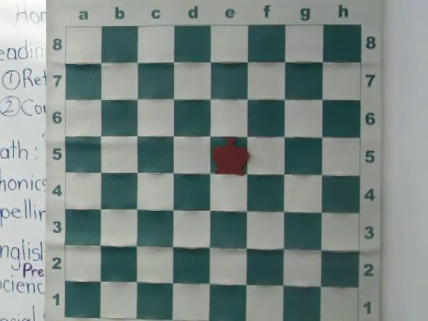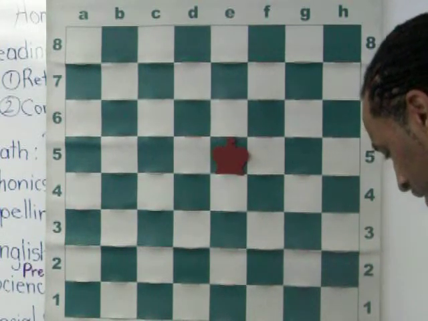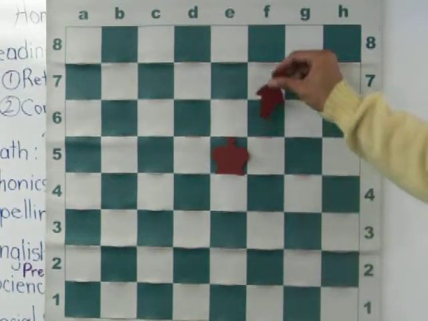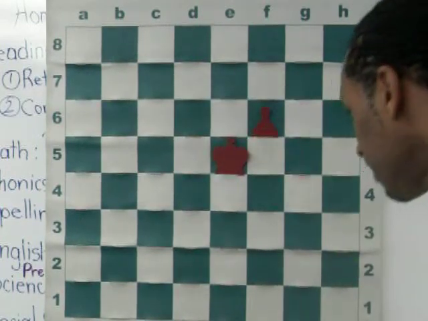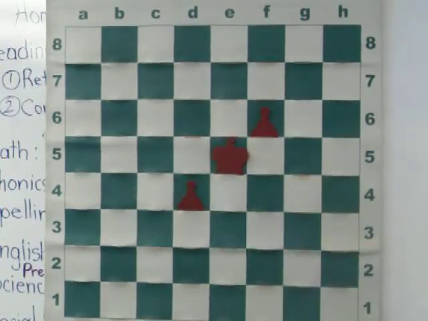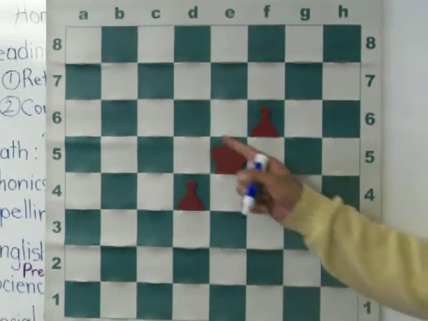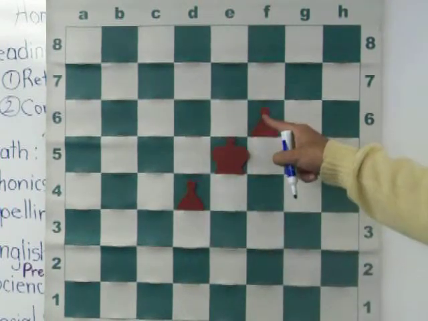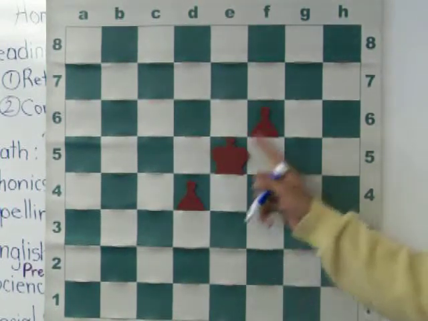Now, let's invite some variables to the equation. These 2 pieces do one thing and one thing only. They inhibit the king. They keep the king from moving to d4 and f6. So what are they actually doing?